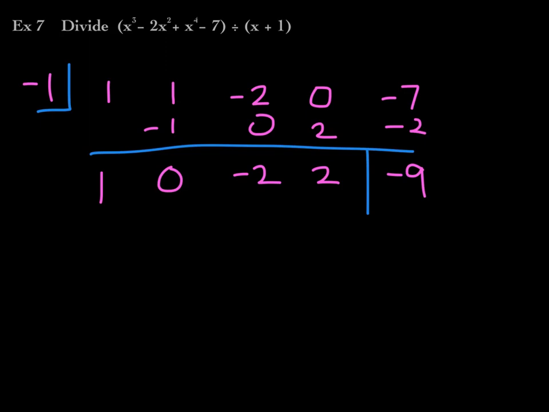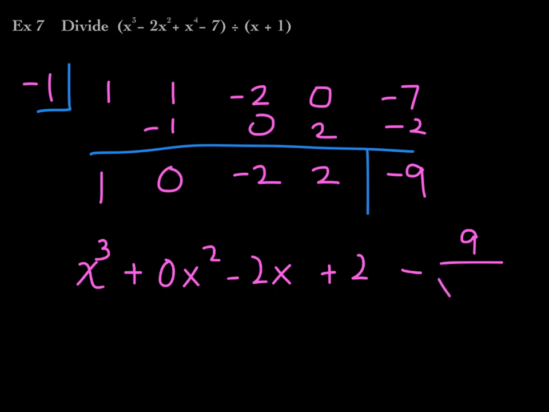Now remember, your quotient will be 1 less degree than your dividend. Be careful, your dividend is not degree 3. Your dividend is degree 4 because that's out of order. So degree 4, that means your quotient will be 1 less than that, which is degree 3. So this will be 1x cubed plus 0x squared minus 2x plus 2, minus 9 over your divisor.